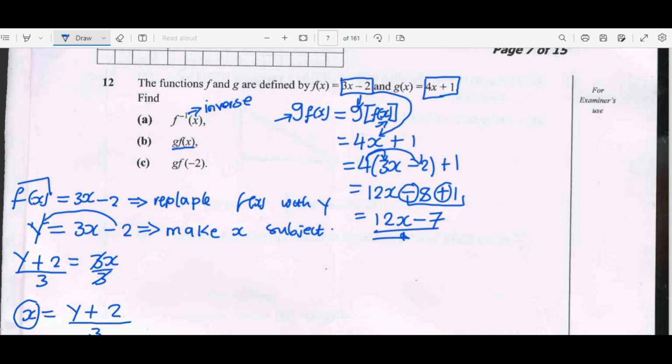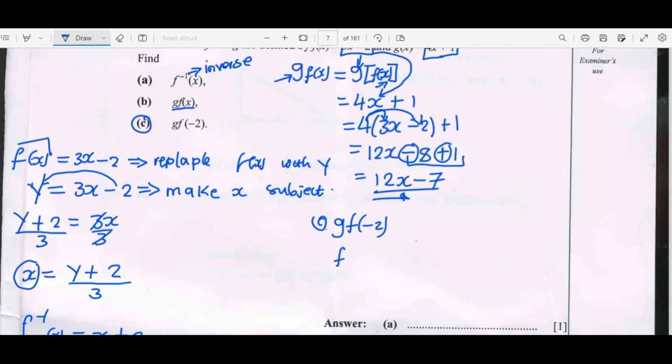Now let's look at question C. So question C, we have gf of negative 2. Now for you to understand this, first we are going to put, where there is 2, let's put x. Do we have this expression? Have we formed this?